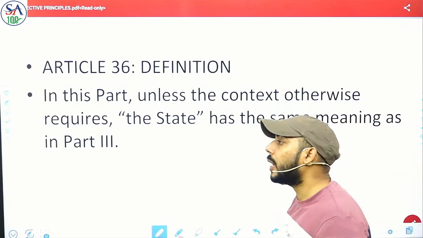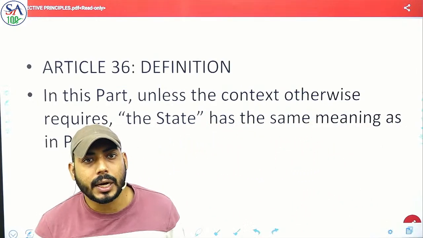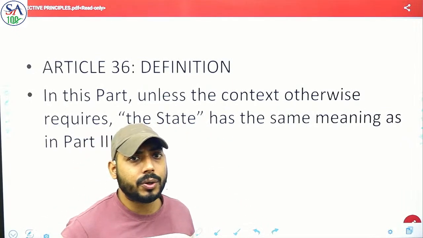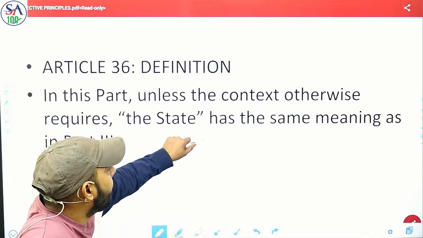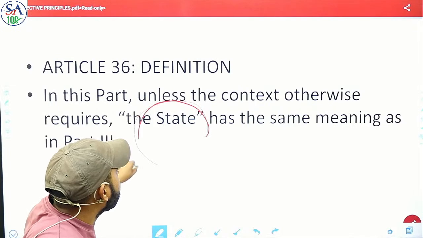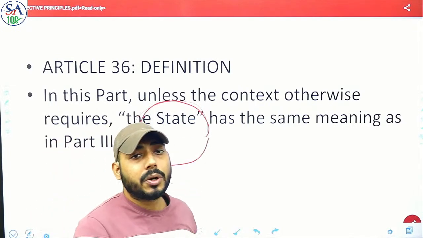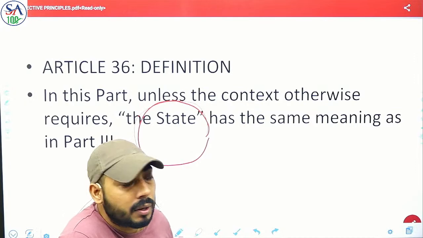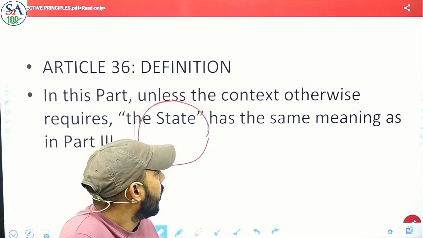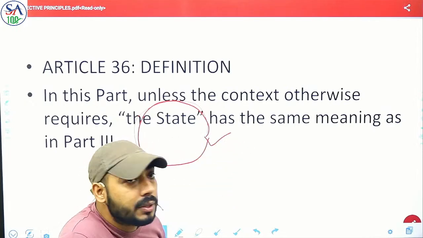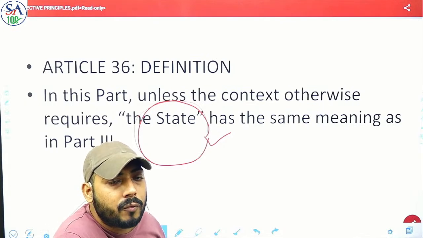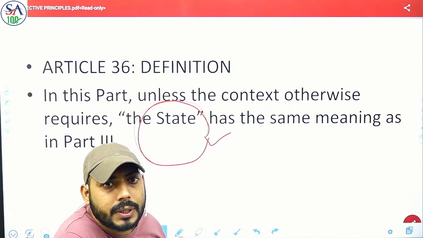Now we will start with Article 36, that is the first article of DPSP. In this article, not much is there to discuss. It talks about the definition of state. And this concept we have discussed already in the fundamental rights under Article 12 of Part 3, where a similar definition was given of what is the meaning of state, what are the main components or constituents of the state.